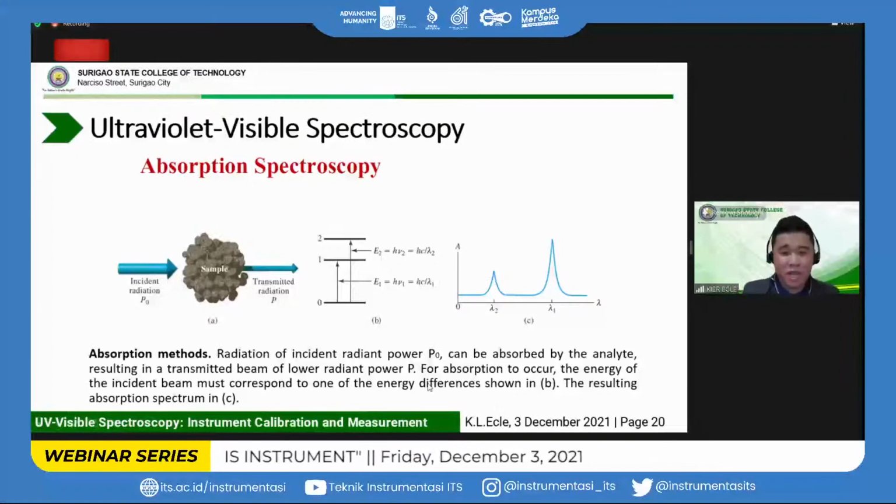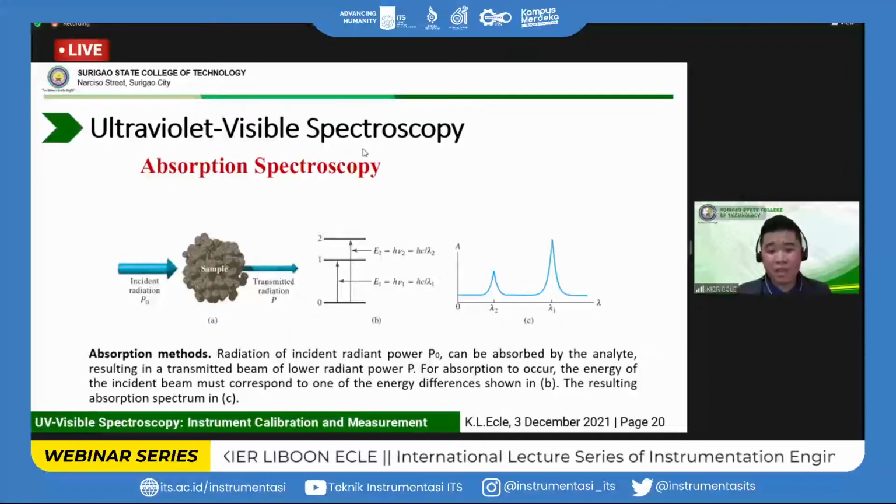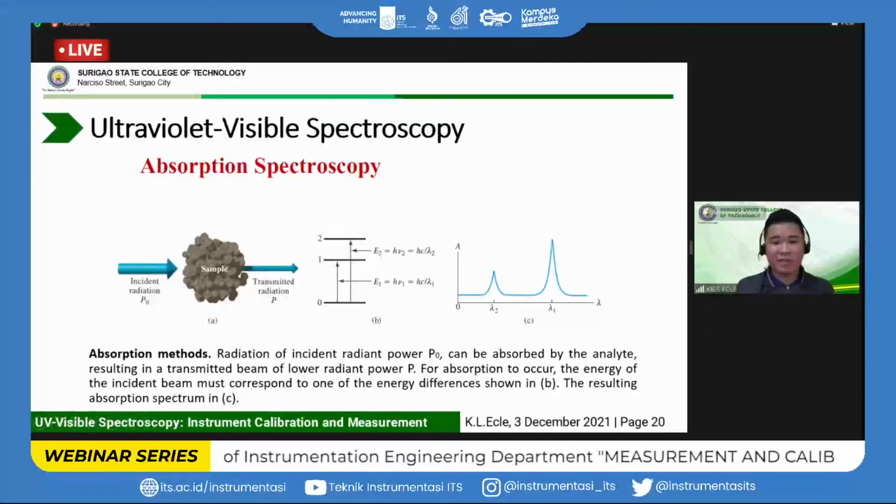In the second illustration is the excitation of the electrons from the ground state to the excited state. So this is the mechanism of the excitation of light.